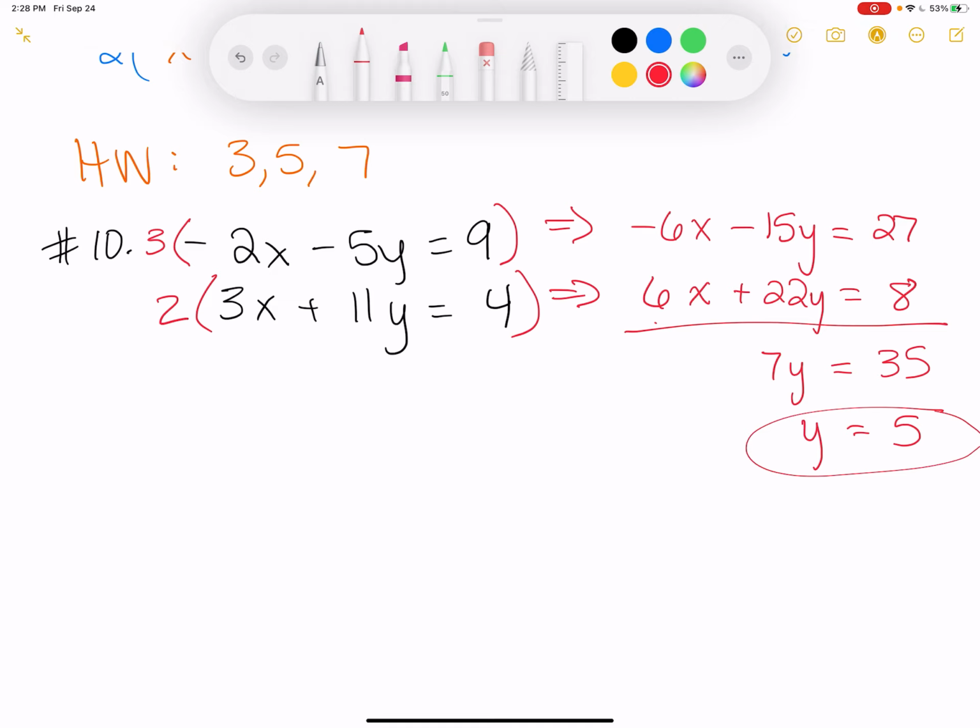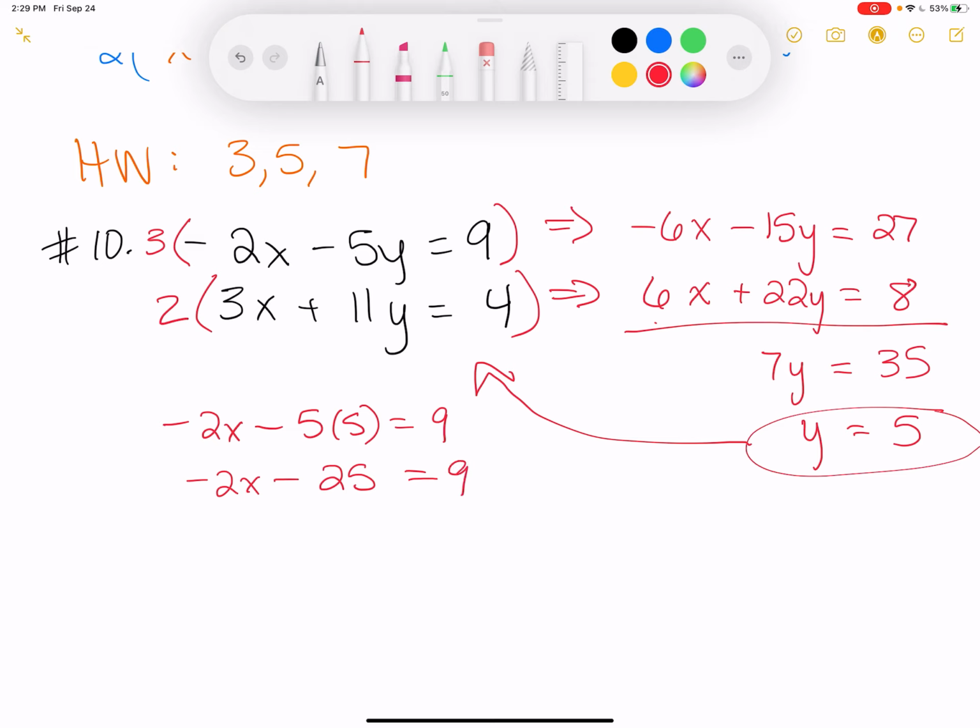Now with this one, remember we're plugging it into one of the original equations. It doesn't matter which one. So do y'all want to do top or bottom? Top. Alright, so negative 2x minus 5 times 5 equals 9. Negative 2x minus 25 equals 9.